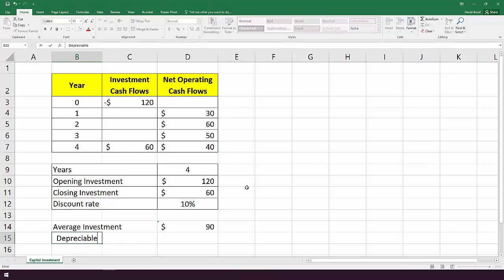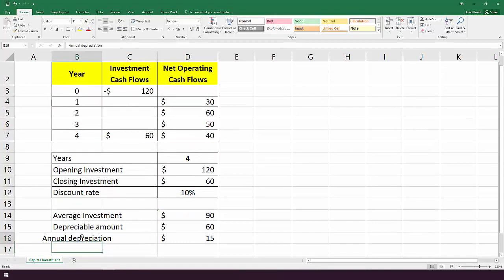The depreciable amount is relevant here because what we have so far are cash flows, but we actually need profit because it's the accounting rate of return. So the total amount which is going to be depreciated over the 4-year life of this asset is the difference between the opening amount of the asset and whatever it ends with, the 60. So it gives you 60,000. So that means the annual depreciation is the 60,000 divided by 4.